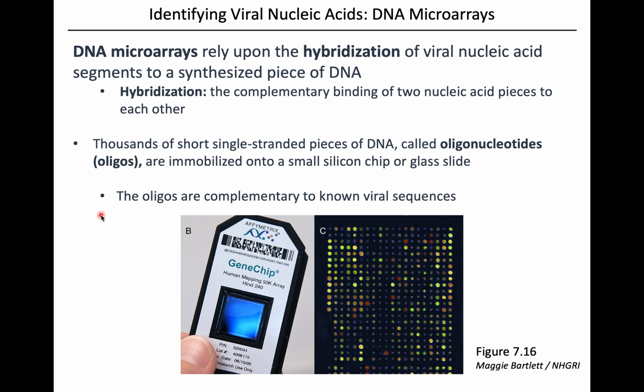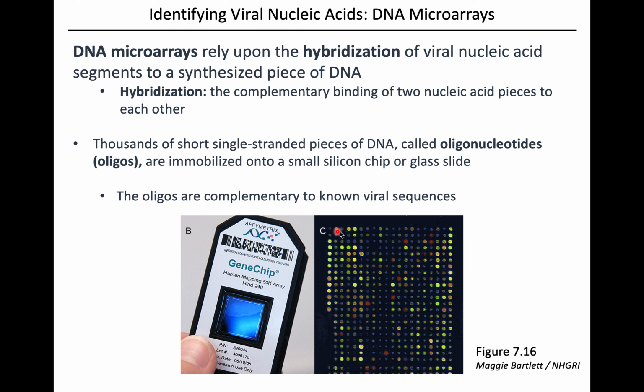Another variation on this type of nucleic acid testing is what are called DNA microarrays, or sometimes chip-based assays. Gene chips, sometimes you'll see them called. But this is essentially a little microscope slide sized piece of glass, and you will have short DNA sequences spotted in teeny tiny microscopic spots on that glass or sometimes silicone chip.